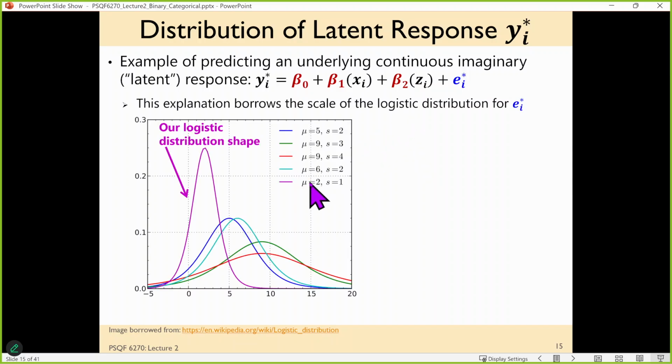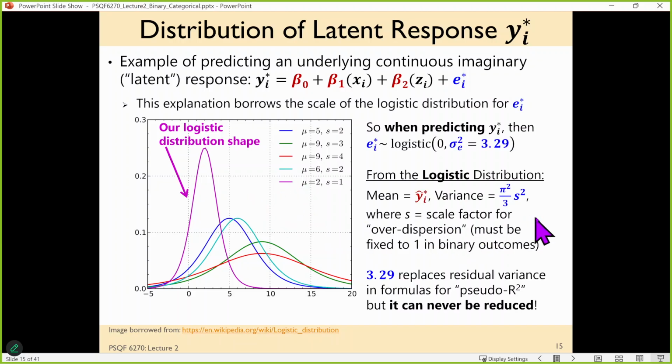So in this world, we're saying, hey, Y star, this pretend imaginary thing, is distributed as a logistic distribution. And the pink one in particular has a scale of 1 and a mean of 2. So the variance of the logistic distribution is pi squared over 3 as a constant, and that translates into 3.29.